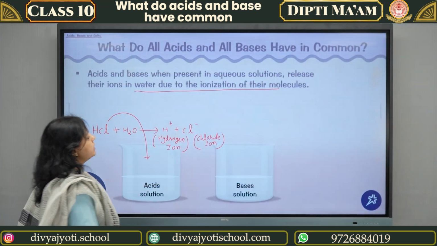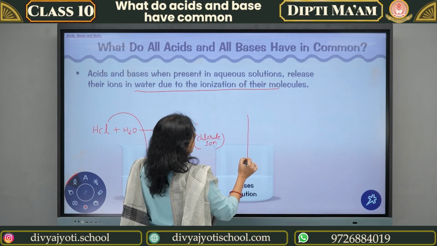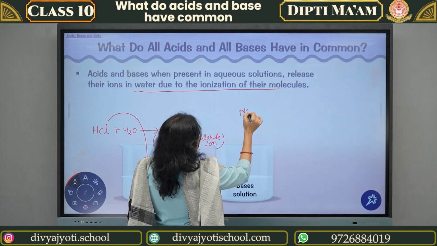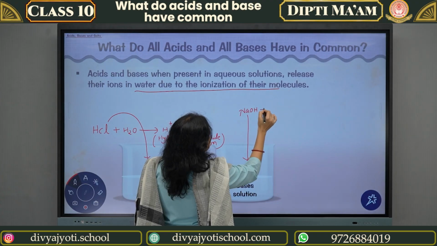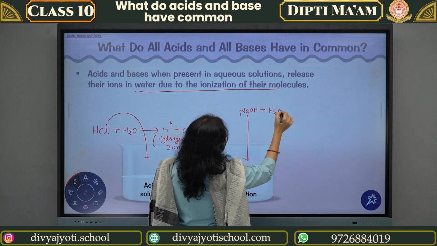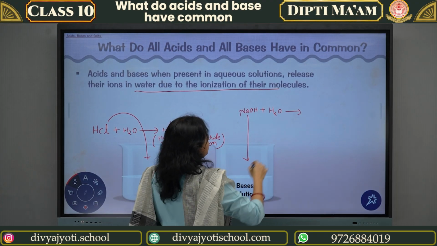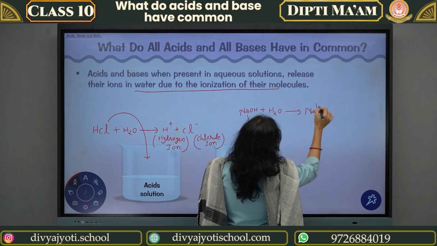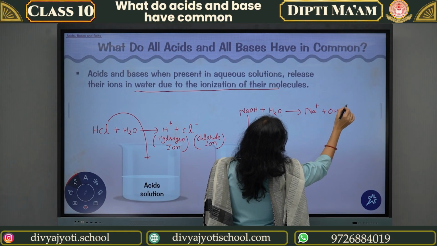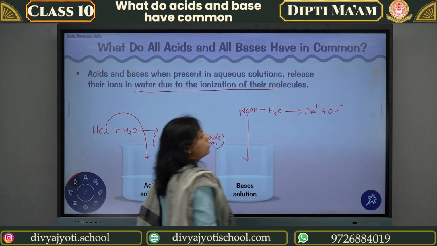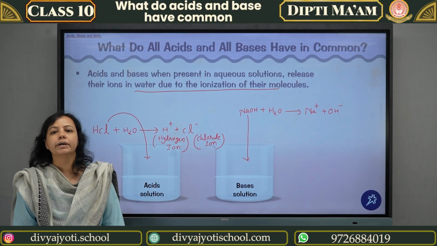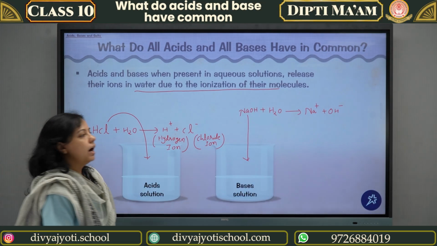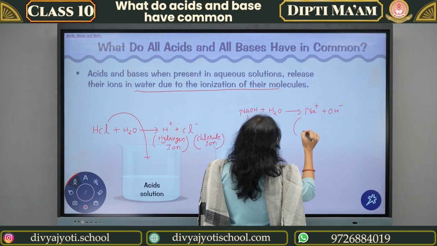If the base is there, suppose as a base I added sodium hydroxide, NaOH, it reacts with the water molecules and is also converted into ions: Na plus and OH minus. Na plus is known as the sodium ion, and OH minus is known as the hydroxide ion.